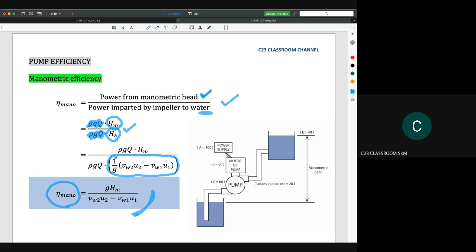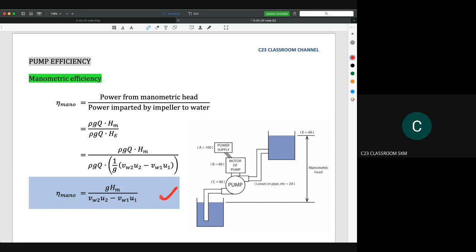If the pump is very well designed, the value of V_w1 here is equal to 0, which means we could neglect this value. So the manometric efficiency now will become like this. However, for the official one, you need to remember that the manometric efficiency is written like this: gH_m over (V_w2 U2 minus V_w1 U1).